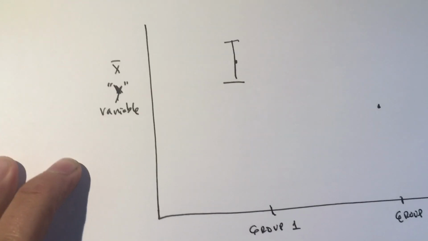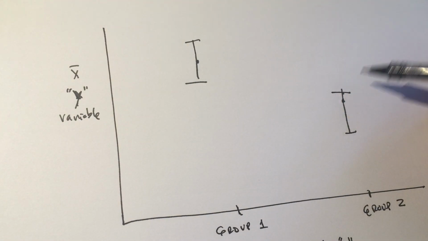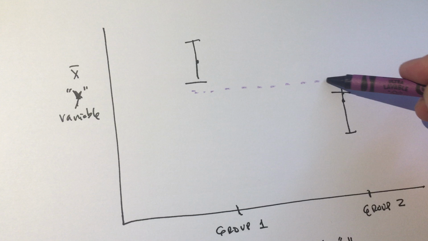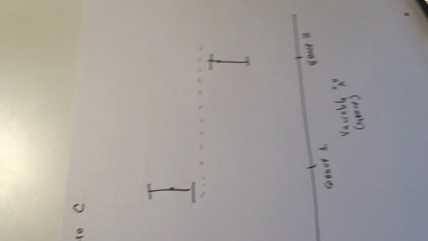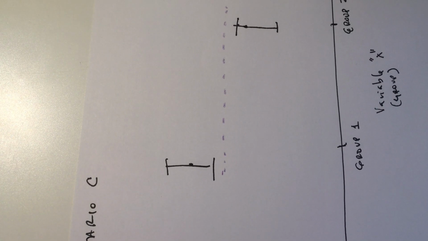Hold on, am I in camera? Yeah, than group 2. And again, I go with my purple crayon visually. You can do it with your eyes, and you see these two do not overlap. And in fact, if we do this in this way, we'll see that one value is higher than the other.